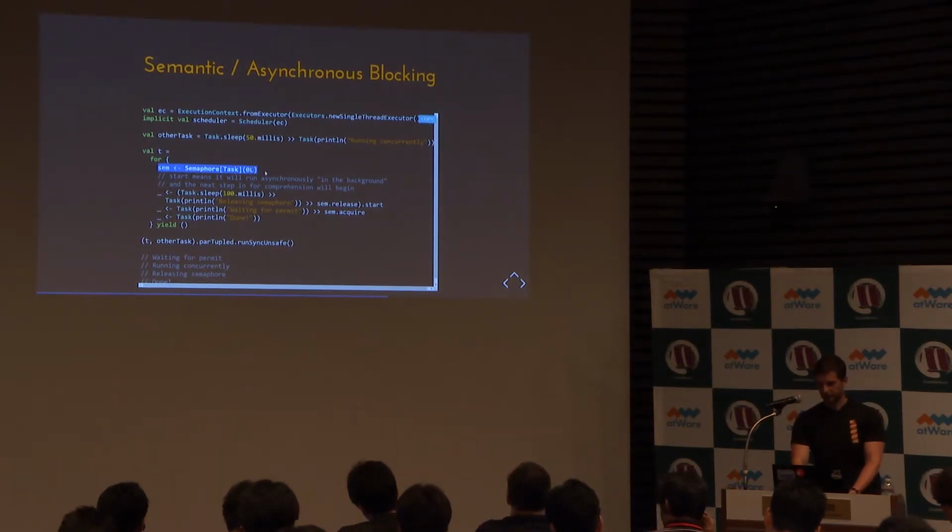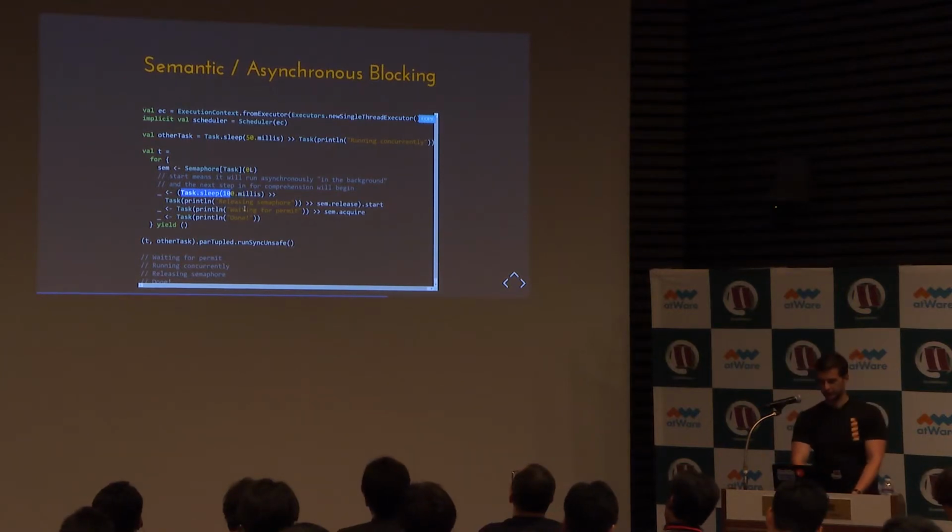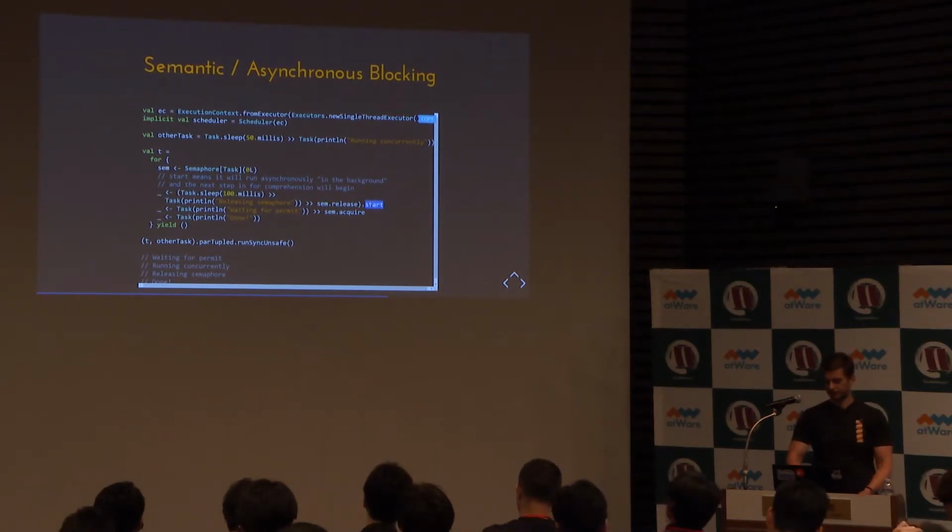So first we can define a semaphore. This one is from Cats Effect. It's non-blocking. And one other task that we run is the one that waits 100 milliseconds, prints something, and releases the semaphore. We call start, so it will happen in the background.